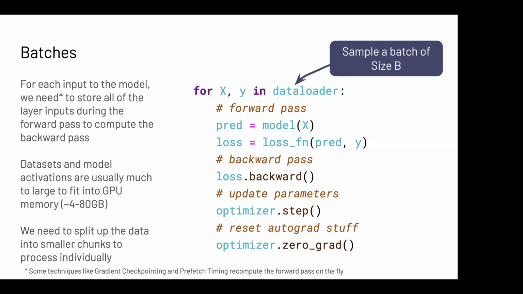GPU memory is usually about 4 to 80 gigabytes. Especially with image processing, but also with language models and billion parameter models, you'll run into this limit very quickly.